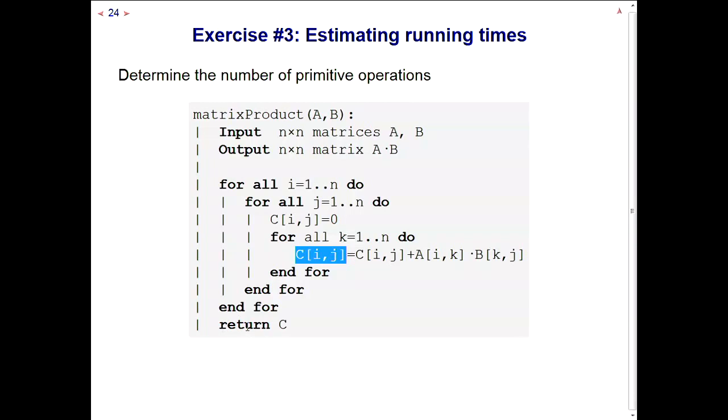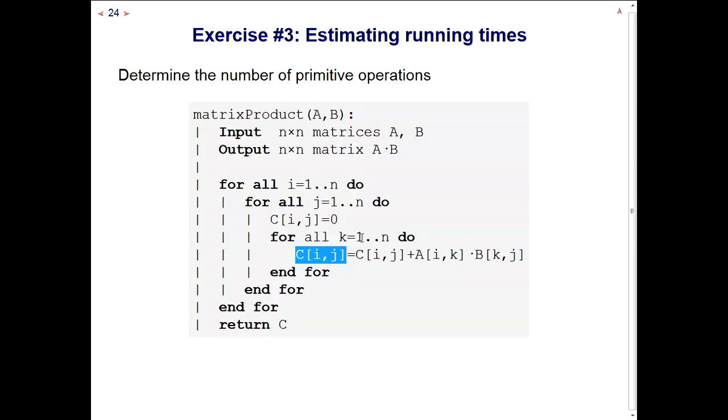So the standard algorithm is this. You have a for loop where you loop through all the rows of the first matrix, and you loop through the columns of the resulting matrix. And you have an inner loop which loops through all the columns of the resulting matrix.